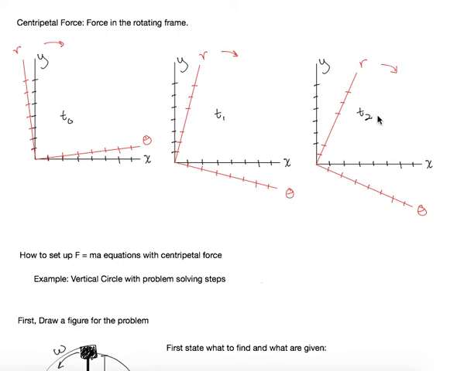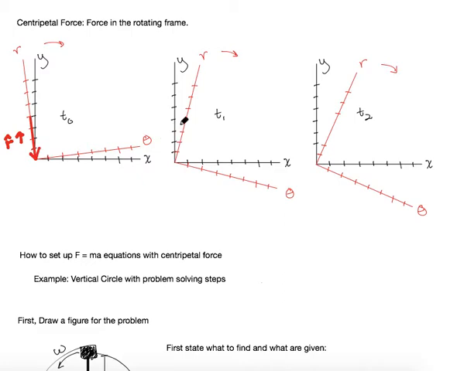Okay, so let's find out how to set up F equals ma equations with centripetal force. But before that, let's review directions. This is r hat, the unit vector, because it has a magnitude of one.